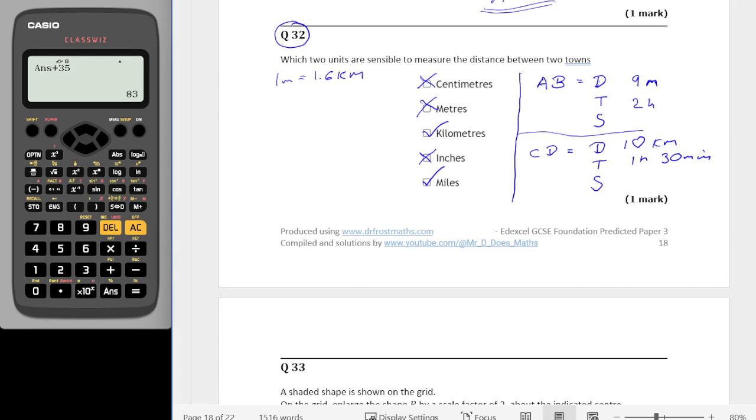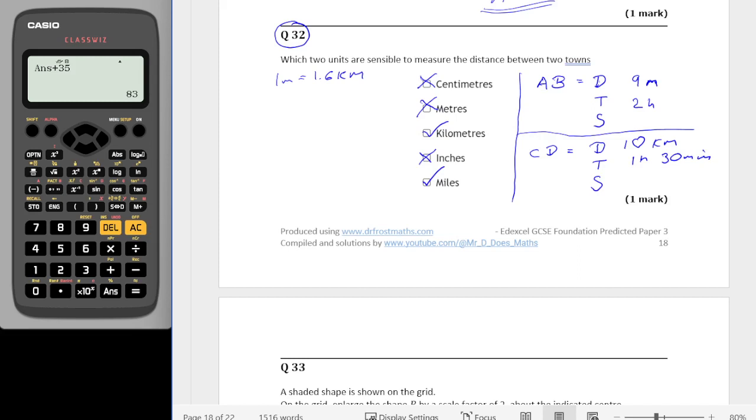So what I've said is, if two towns, town A and town B, are 9 miles apart, and a car takes 2 hours to get between those two towns. And towns C and D are 10 kilometres apart, and it takes 1 hour and 30 minutes to travel between them. And then the question that I'm posing is, which journey has the greatest speed? So that would be more relevant to the speed problem solving.